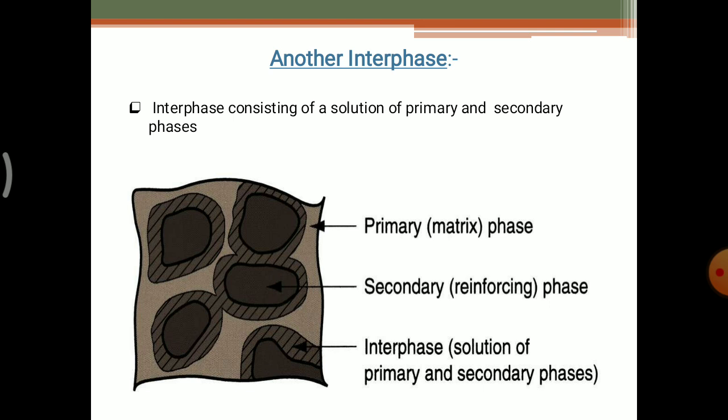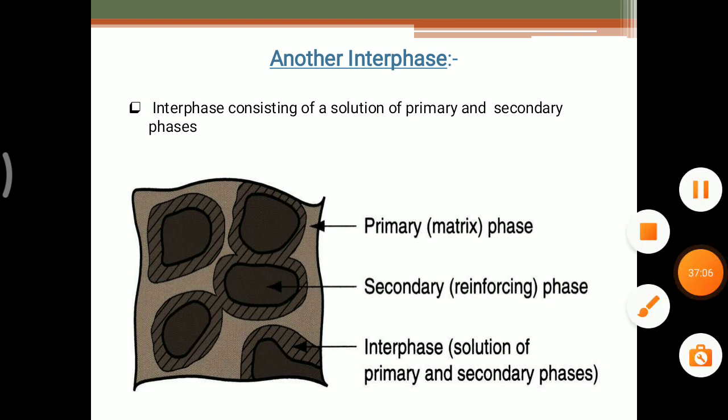And coming to the last interface, it consists of an interface that is the combination of primary and secondary phases, that is the solution of primary and secondary phases. So these are the different types of interfaces which we can observe in interfacial bonding.